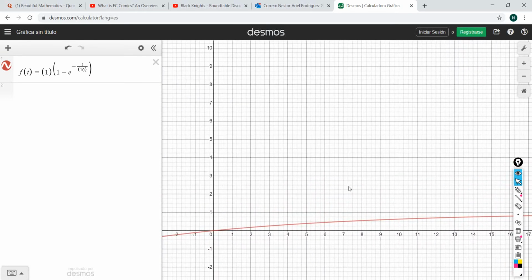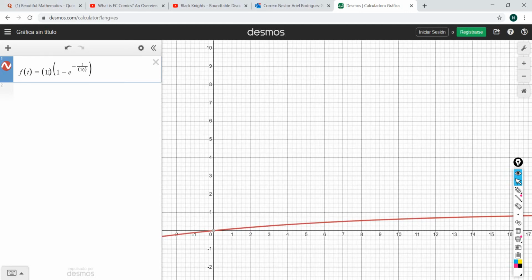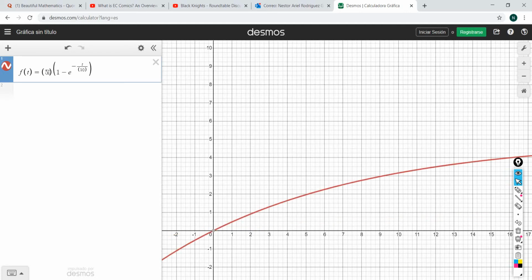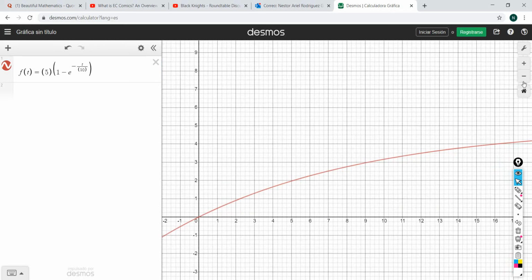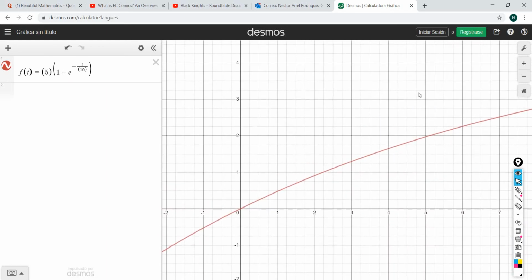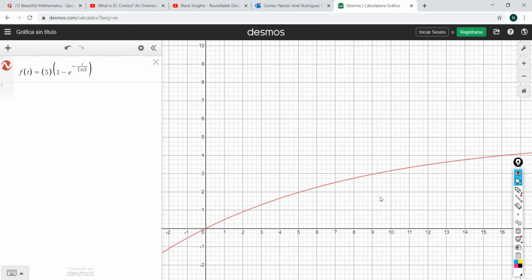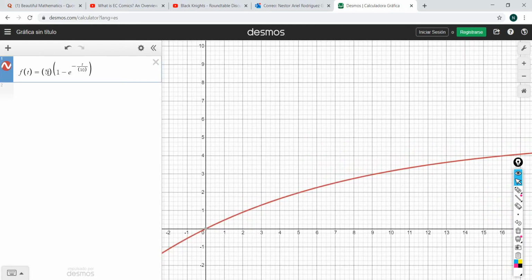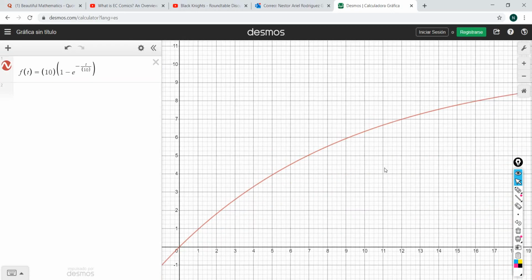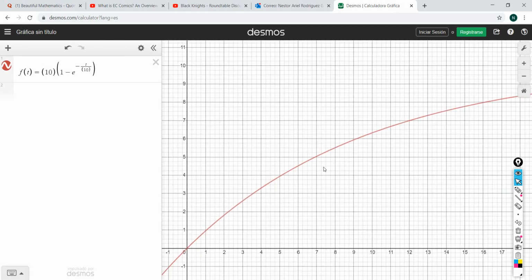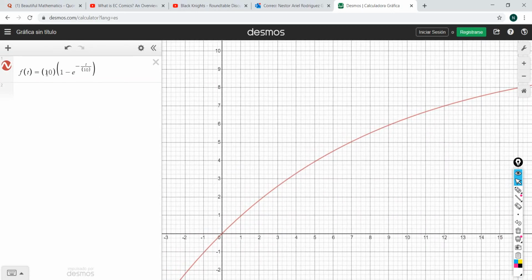Just get a feel. Now let me go with 5, and let's see what happens. Now let me put 10, and just get a feel of how the function is behaving.